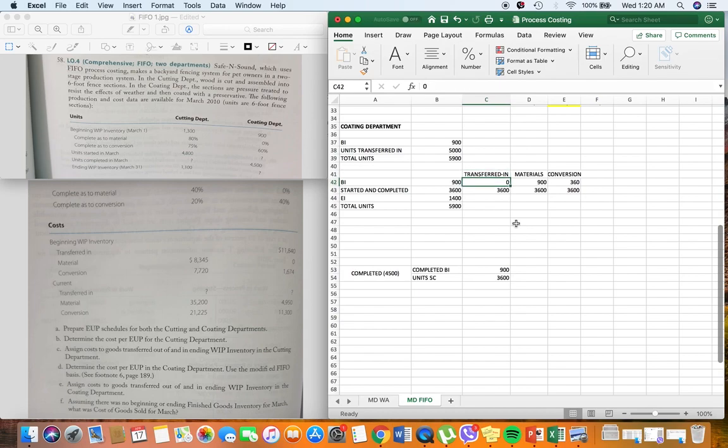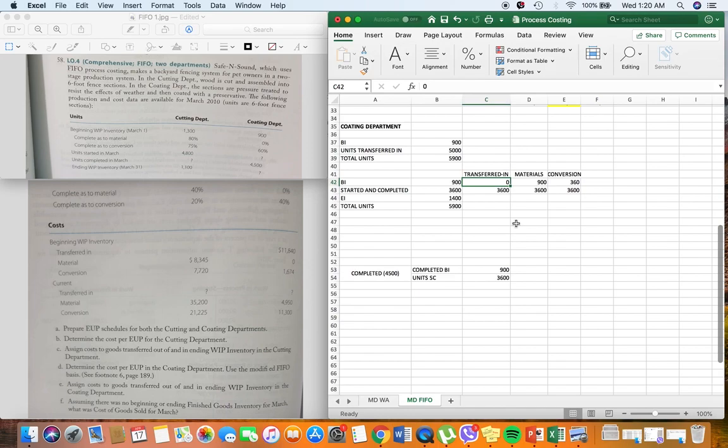So again, ang tatanong nyo lang sa sarili nyo, kailan dumating tong units na to, kung beginning, started and completed, or ending man yan, dito sa department na to. If dumating siya this month, automatic 100% 'yon. If last month pa siya, o di 0 na 'yon. Wala tayong EUP na i-assign sa kanya.